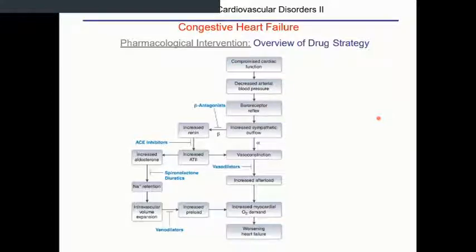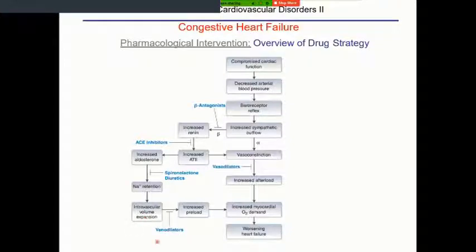Also, ACE inhibitors can be used to block the effects of your RAS system, and your spironolactone and diuretics can be used to reduce sodium retention, and of course to reduce blood volume.